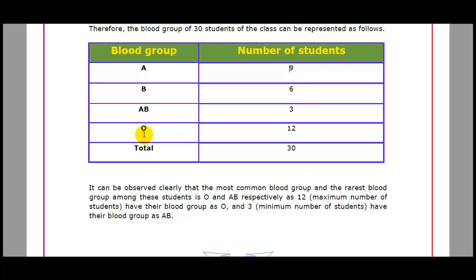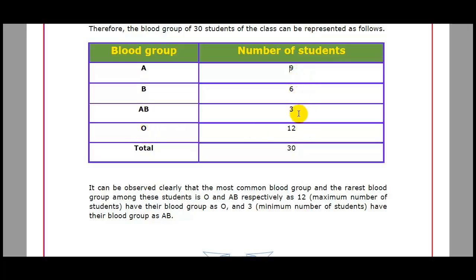So 12 belongs to the blood group O, and the minimum number 3 belongs to the blood group AB. So the rarest blood group will be AB and the most common blood group will be O.